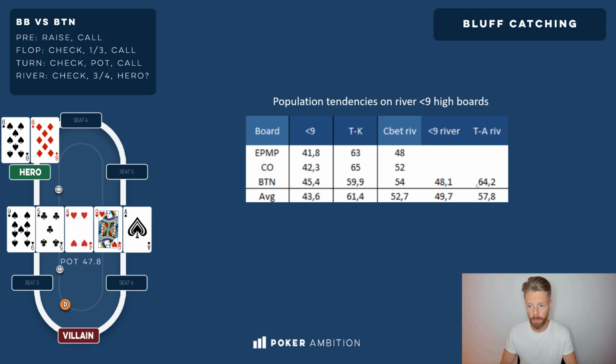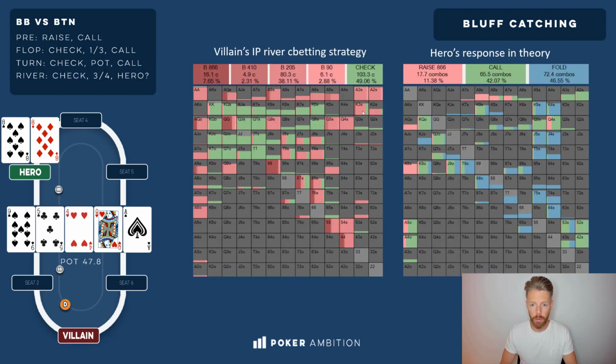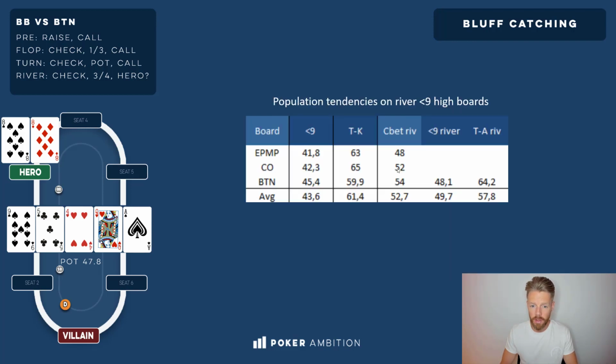We can see a 64% betting frequency. Well, theory, as we just showed, only had a 50% betting frequency. So then, of course, we've again concluded that in practice something is happening that's different than in theory. So we shouldn't follow theory and we should use our brains, I guess.